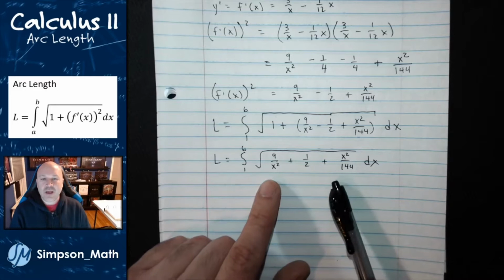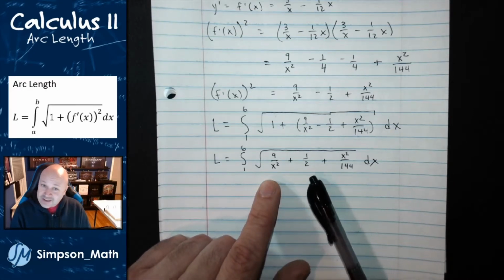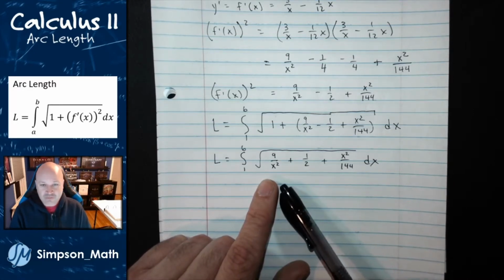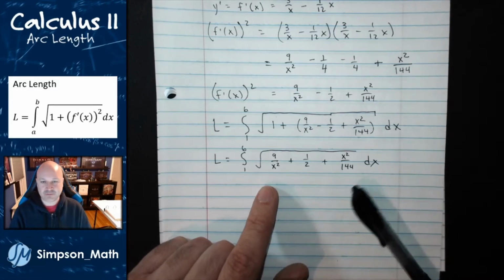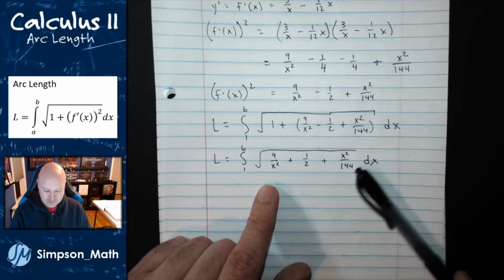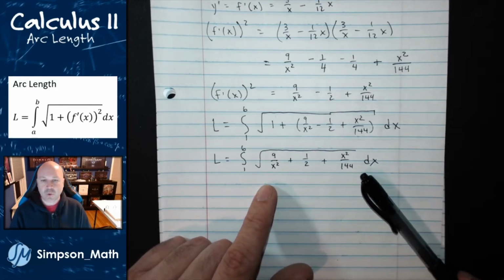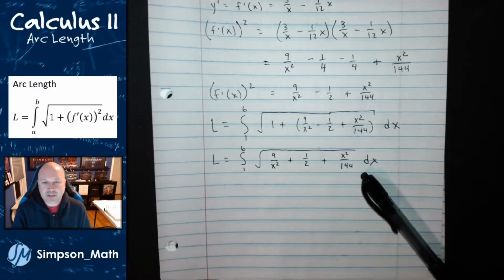Okay, now I just need to integrate the square root of this hideous looking function. Now is when maybe we start to panic. We learned a whole bunch of integrating techniques already for this course. I cannot split that apart.